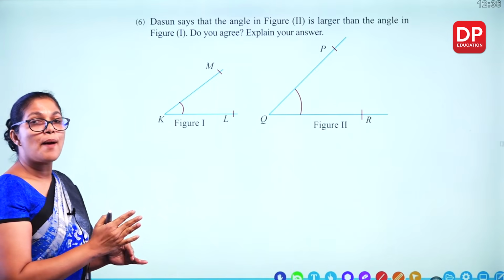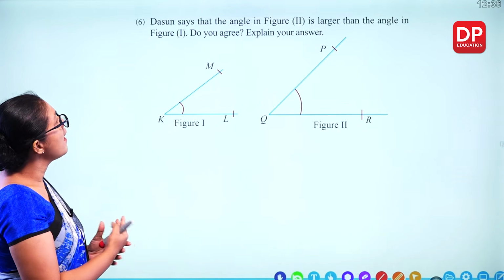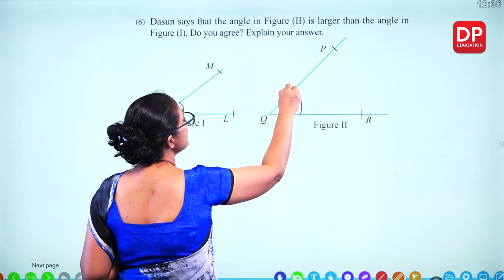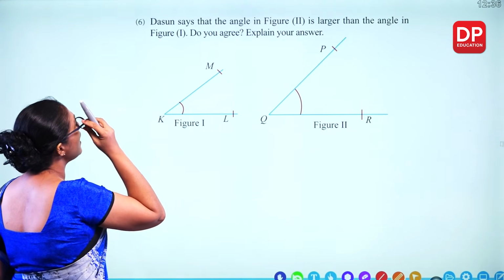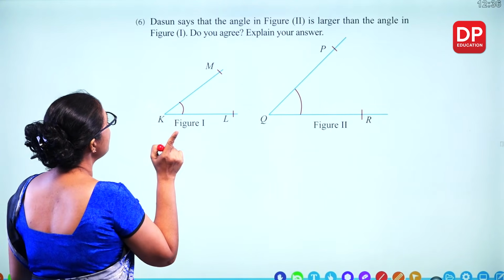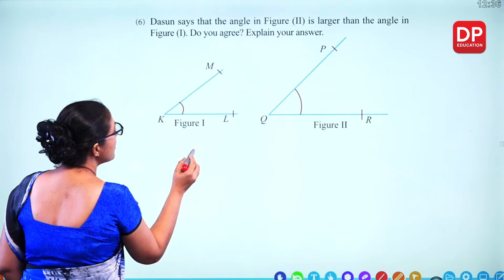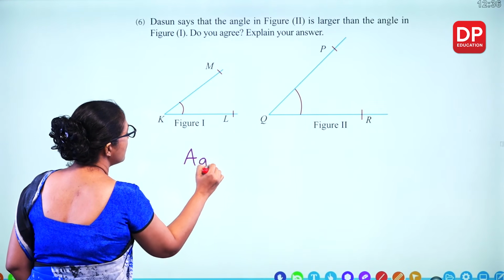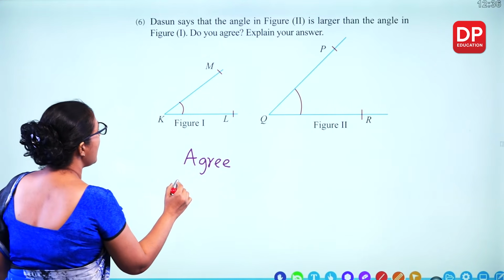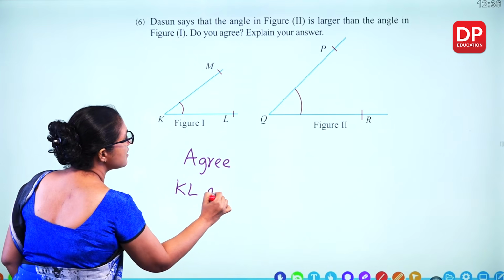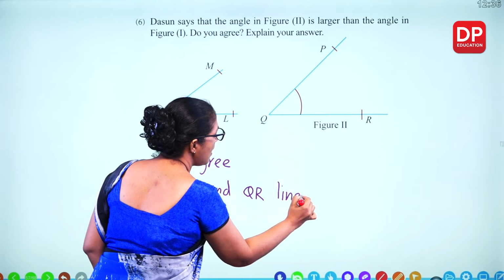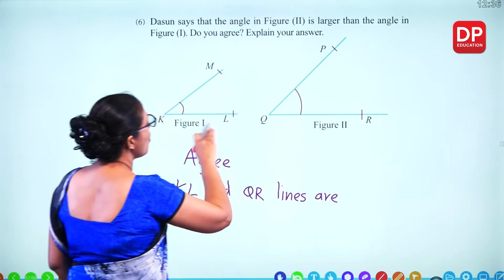If the two lines are parallel, then the two angles are the same. It seems like this angle is bigger than this. We can measure. So angle 2 is bigger than angle 1. So do you agree? Agree. And you can say KL and QR lines are horizontal.